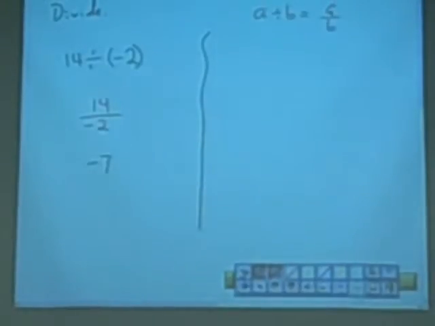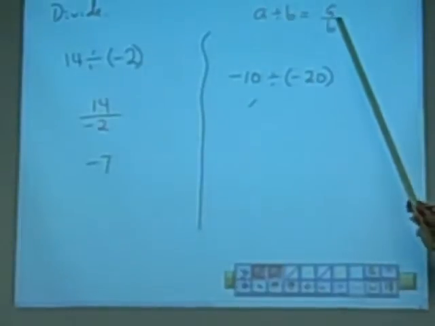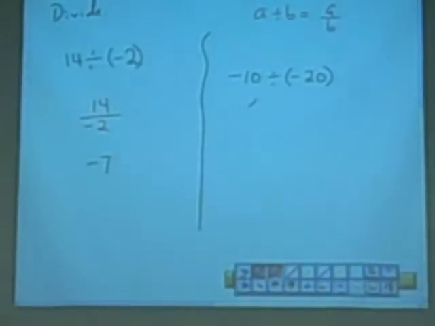So let's say that we have a negative 10 divided by a negative 20. Okay? So we're going to write it as a rational number, or in fraction form, right? So what goes first? The negative 10 goes in the numerator.